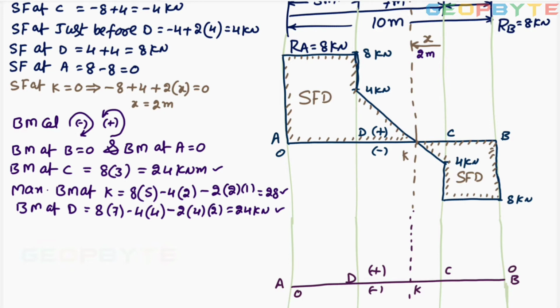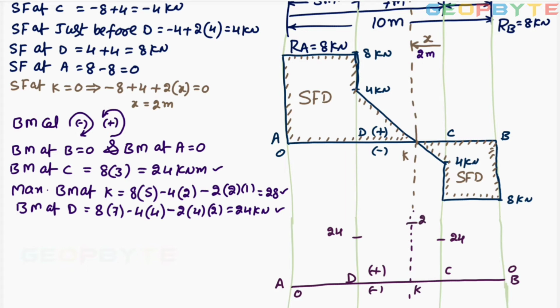Bending moment at C 24 kilonewton meter. Bending moment at D also 24 because it is equally loaded, and maximum bending moment is found at the K, middle of the DC.